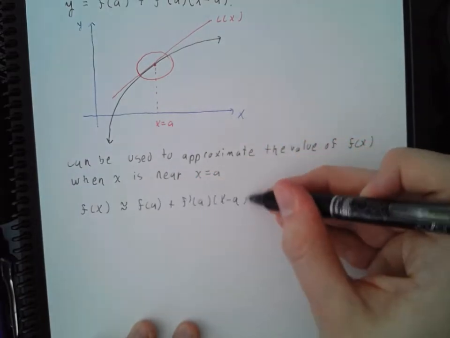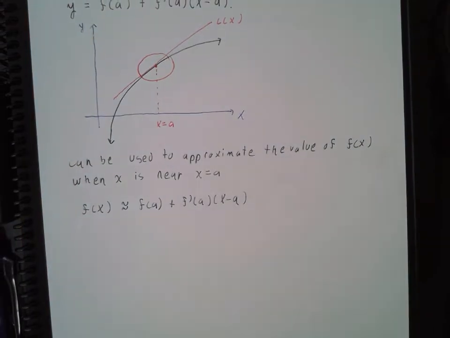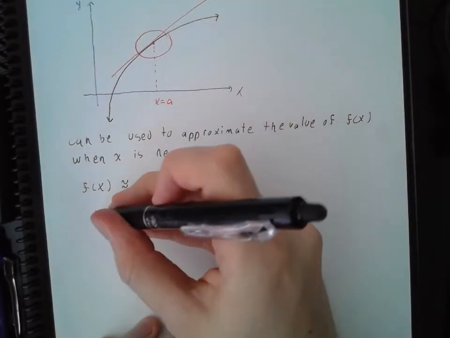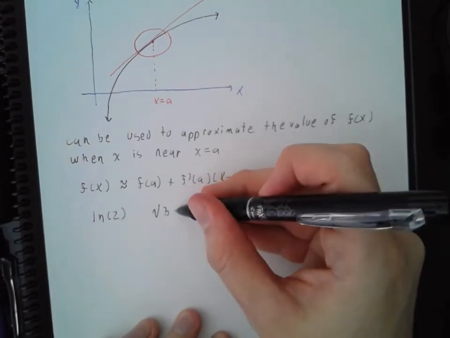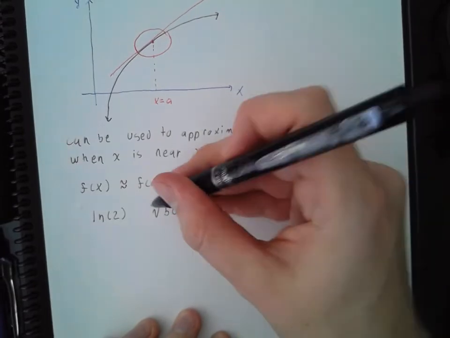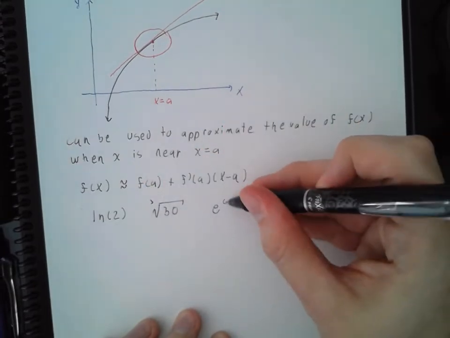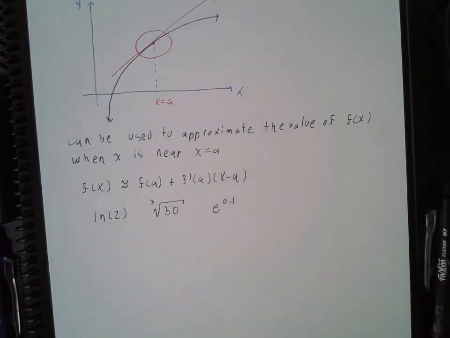And you might be wondering, why do we want to do this? If the function is a polynomial, maybe we can evaluate that polynomial easily. But let's say we want to evaluate the logarithm of 2, the cubic root of 30, or a value like e to the 0.1. I need to remind you that in this course we don't have a calculator.